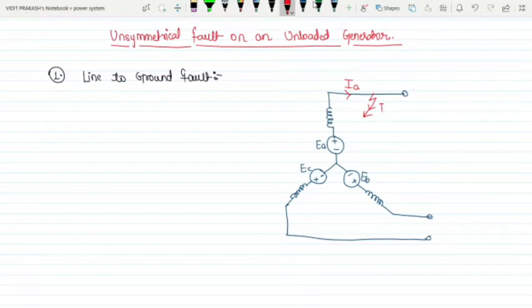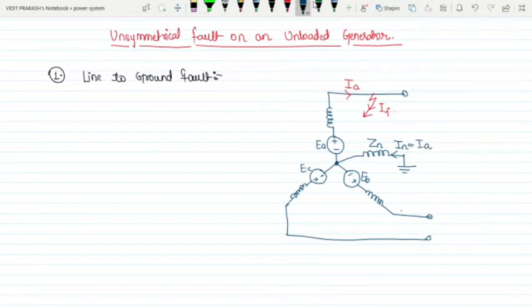This is IF, okay, and also this generator is grounded with impedance ZN. And the current in this path is nothing but IA.